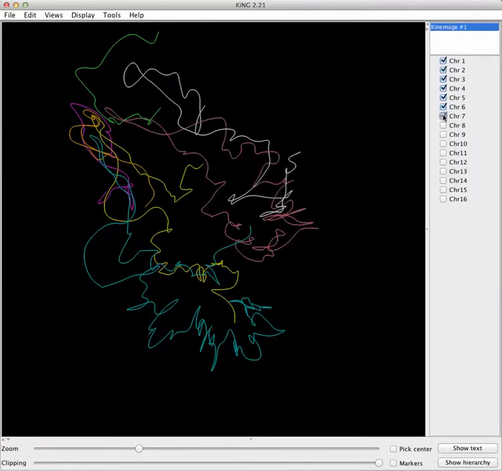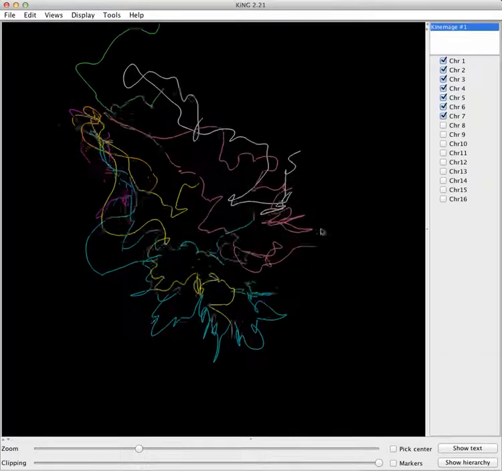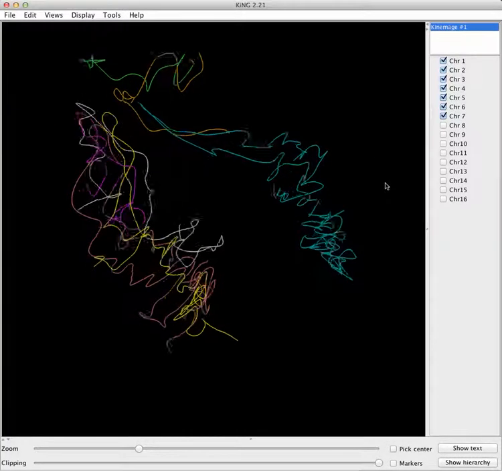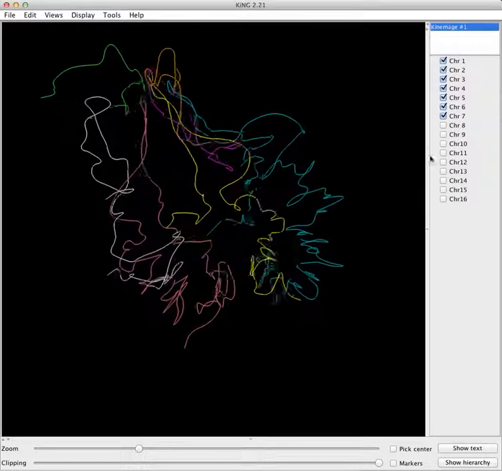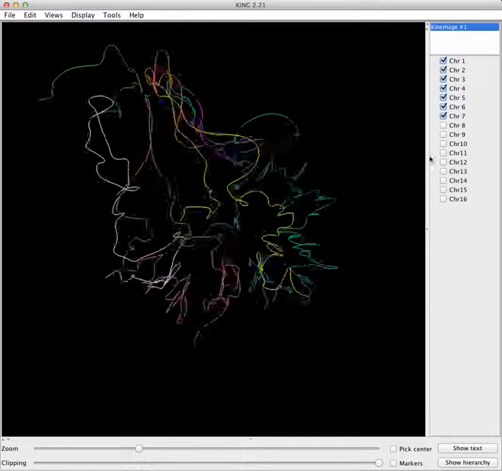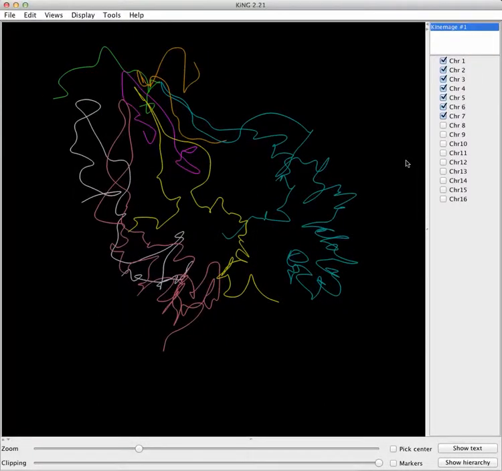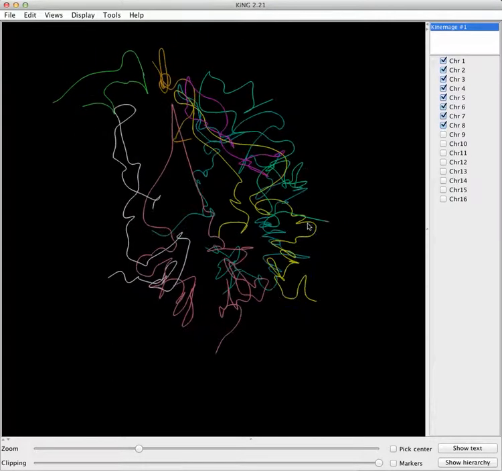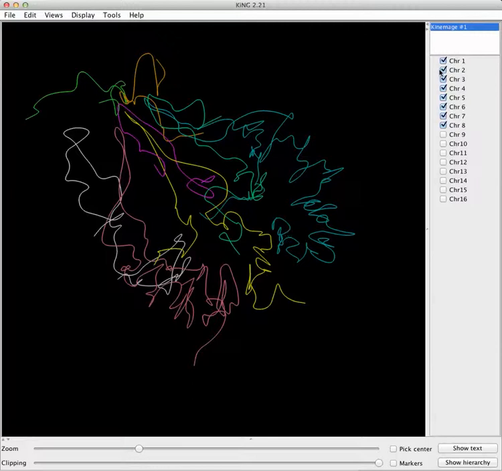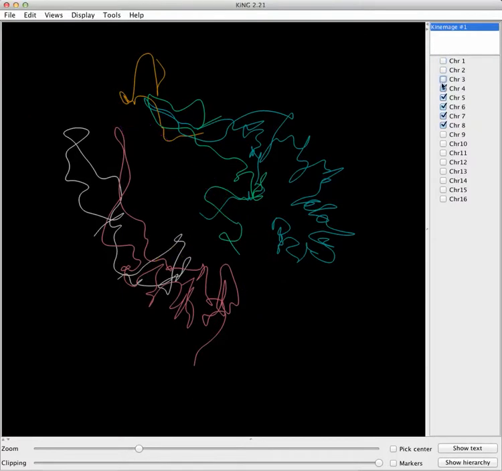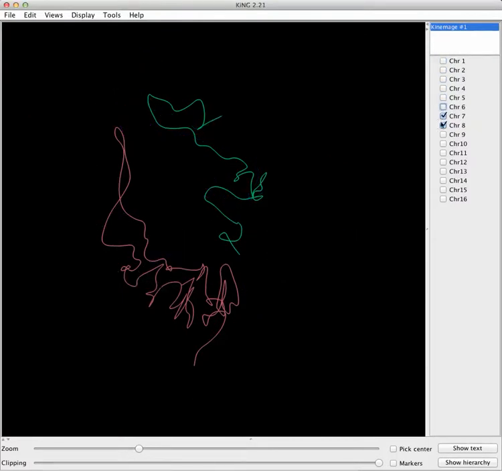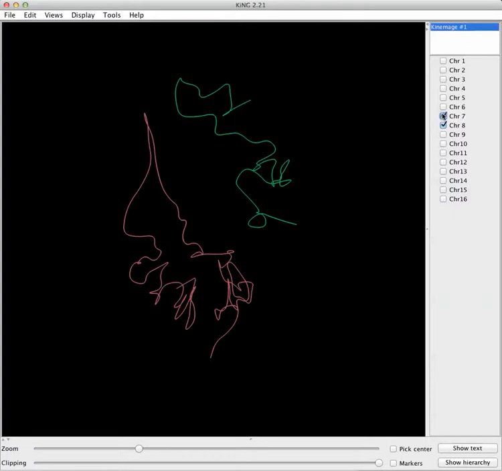And so then this is chromosome 7, and you see how it's beginning to pack in with the others that are present. It's interacting with a variety of chromosomes. And chromosome 8. So, of course, you can take any pair of these things and study just how close they are to each other.